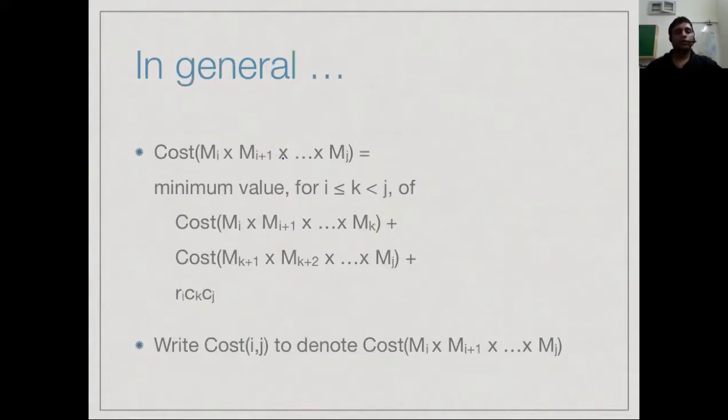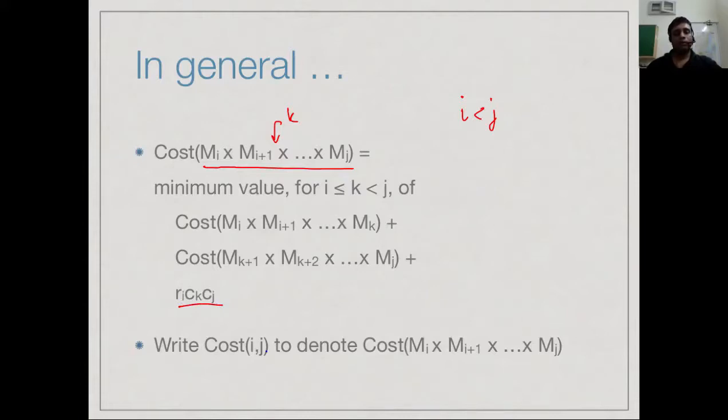So a natural thing is to define the inductive structure on an arbitrary segment from mi to mj, where of course i is less than j. So we want the minimum value for any k in the middle, k between i and j, of going from mi to mk and then from mk plus 1 to mj, and the cost of the last multiplication, which is ri into ck into cj.